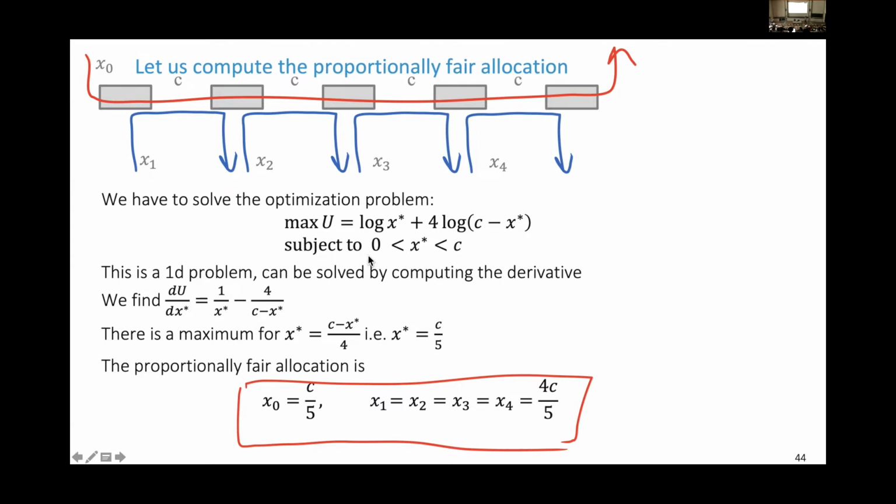You can take the first derivative and set it to 0. That gives you c over 5. So that gives us the unique proportionally fair allocation in this example. In proportionally fair allocation, we are giving much less, 1/5 of c, to x0, the flow that uses more of the network compared to flows that are using less of the network.